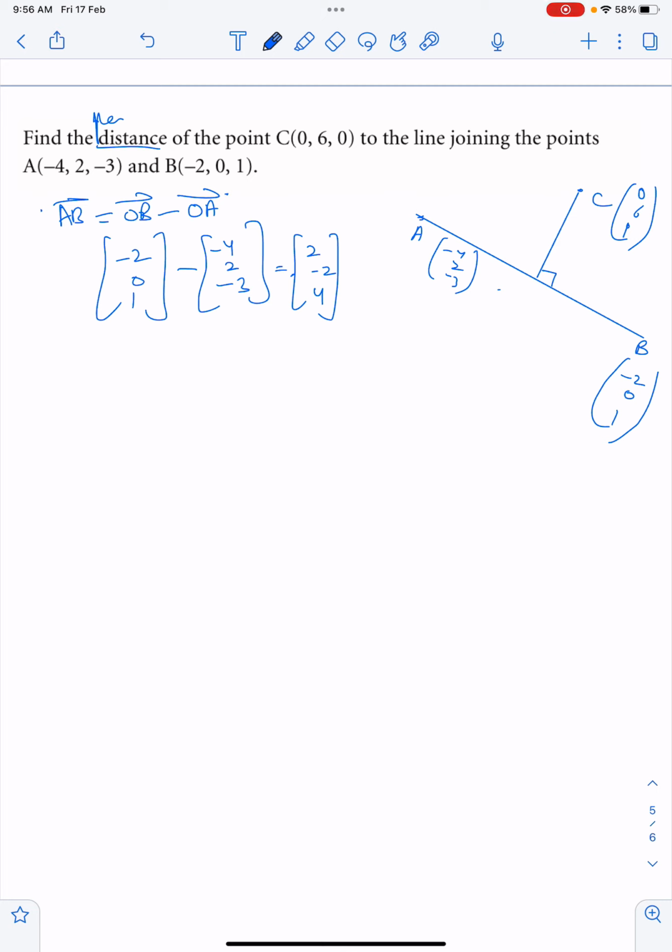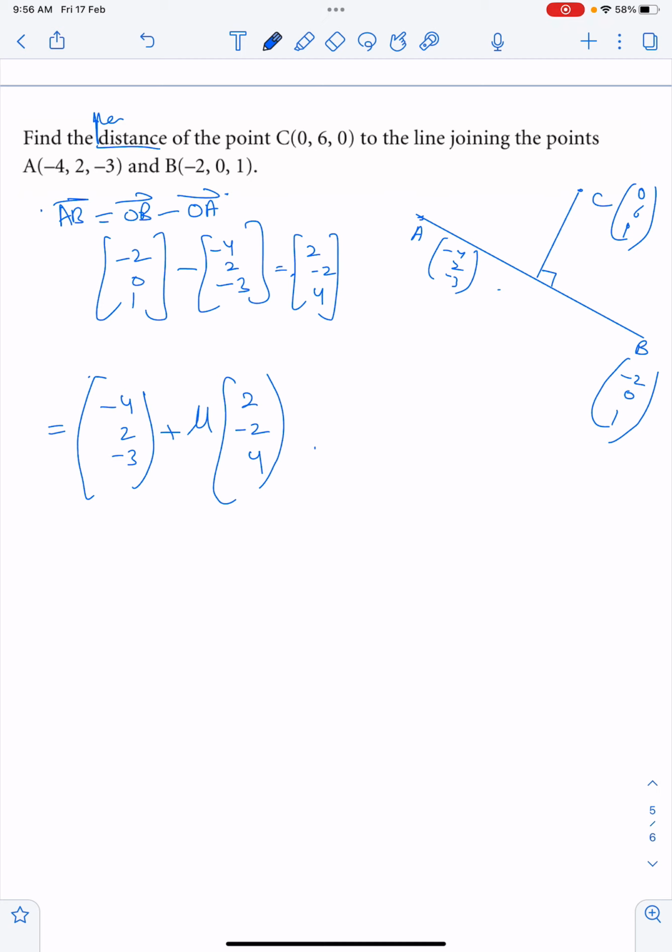So the vector equation would be OA, which is (-4, 2, -3), plus I can use any other variable, I'm using mu here, times AB, which is (2, -2, 4). This is the vector equation of the line AB.